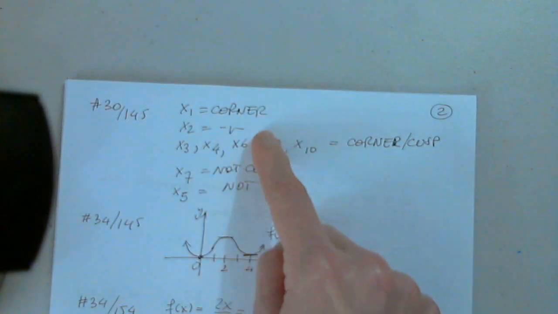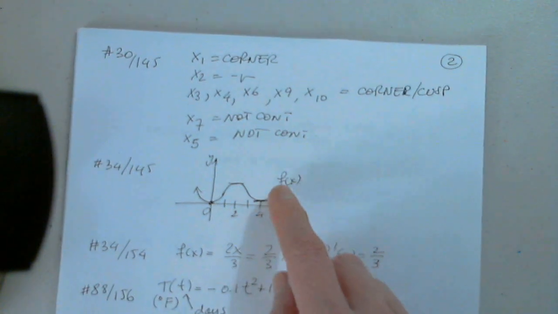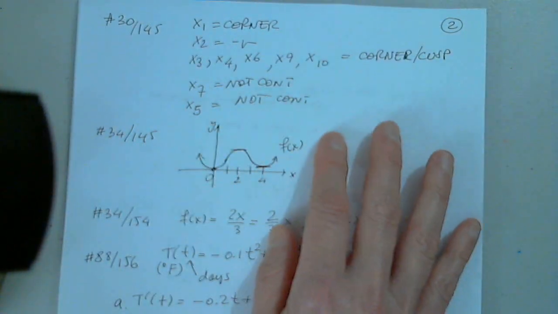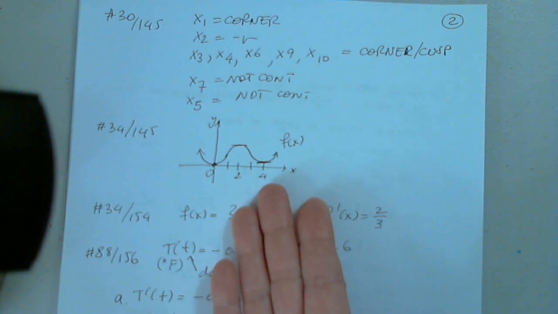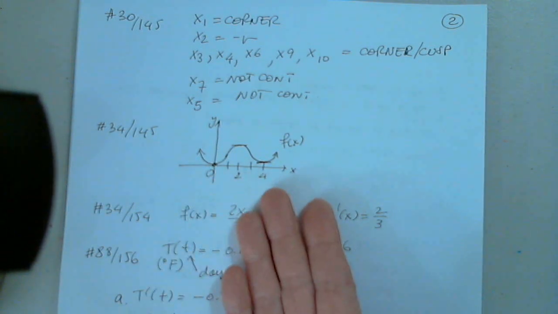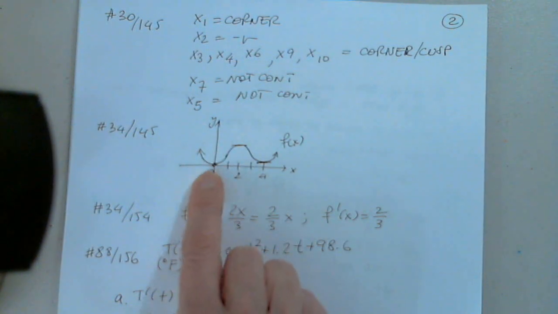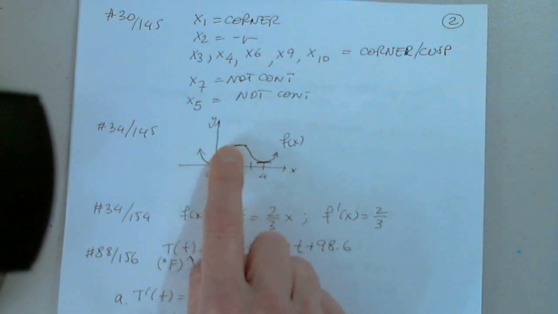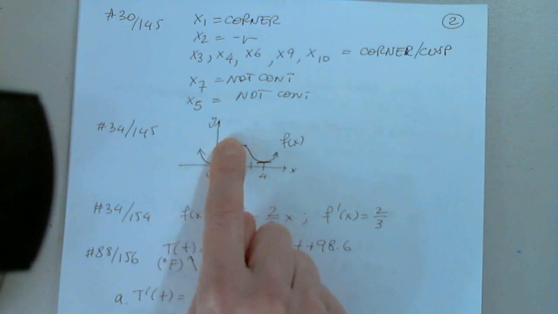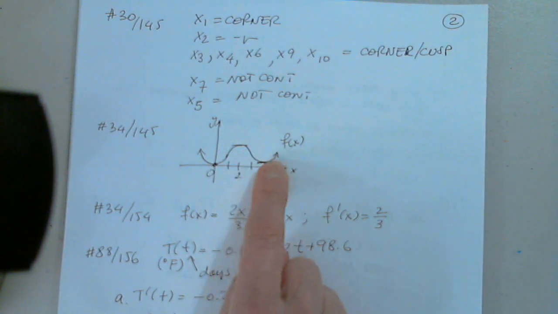You have to list and explain why. Most of you got this correctly. We had an example in class, so if you just watched that video or did it again, it was exactly the same. So you have a horizontal tangent at 0, horizontal tangent, a turn at 2, horizontal tangent at 4.